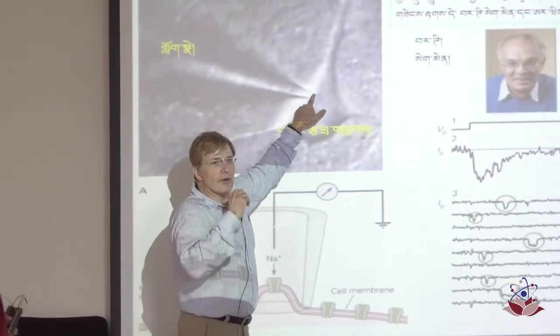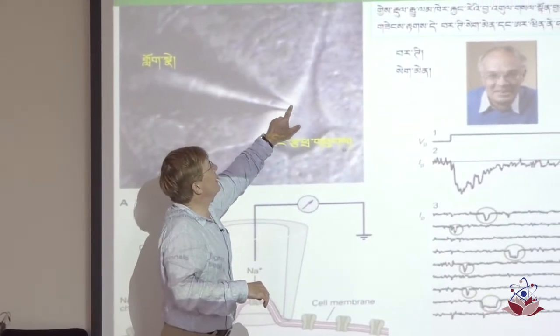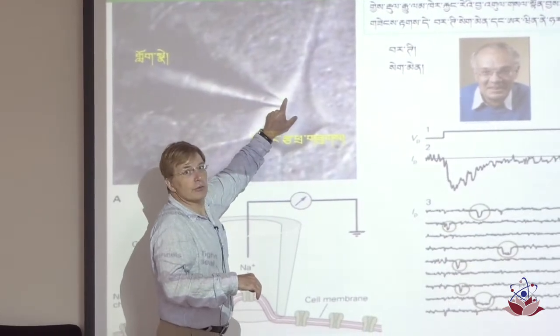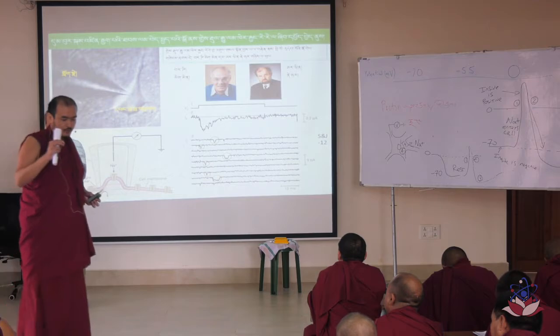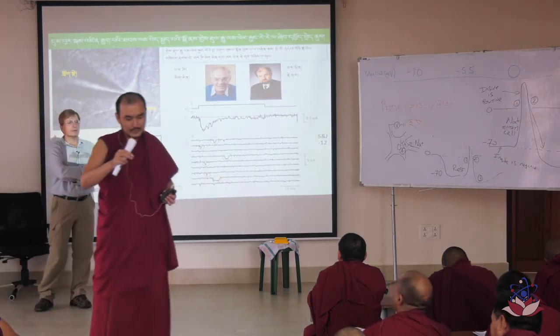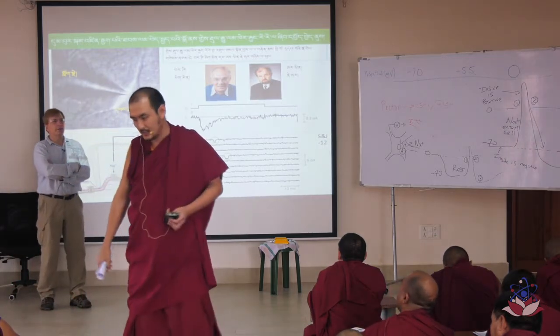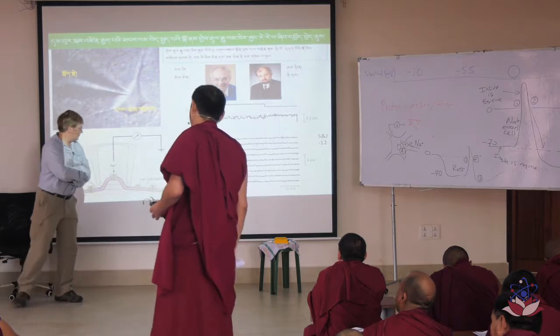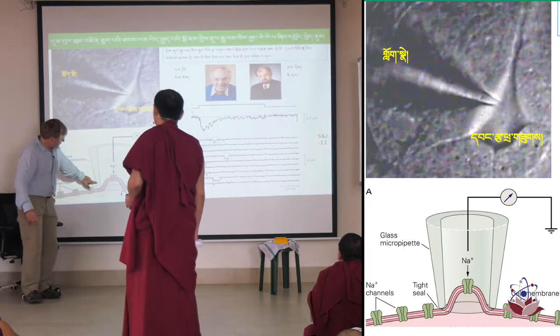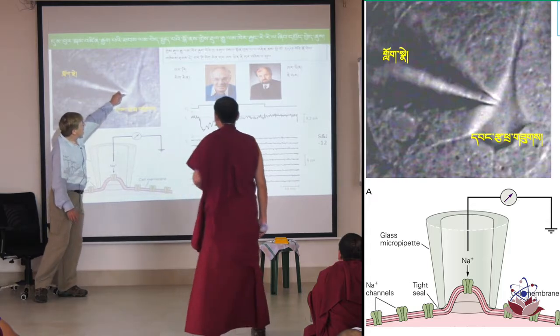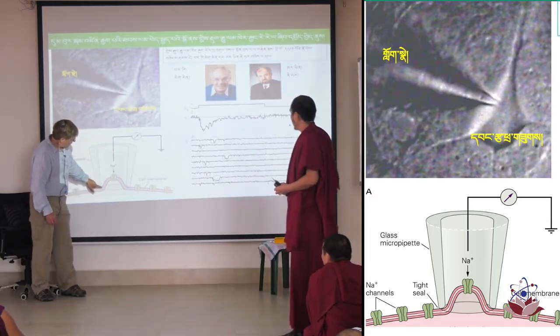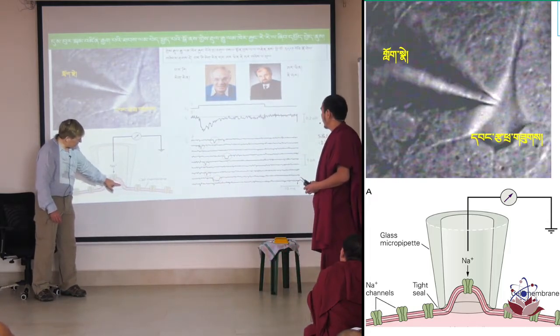When they sucked on the neuron, that pulled a little bit of membrane into the electrode. It's pictured here. This is the piece of glass. This is about 2 microns.